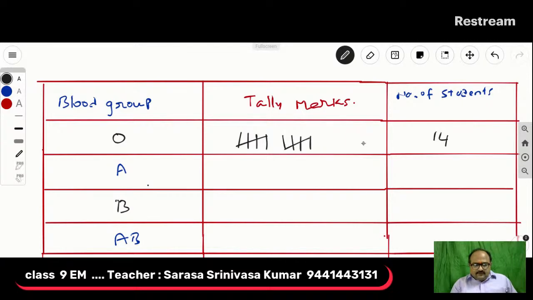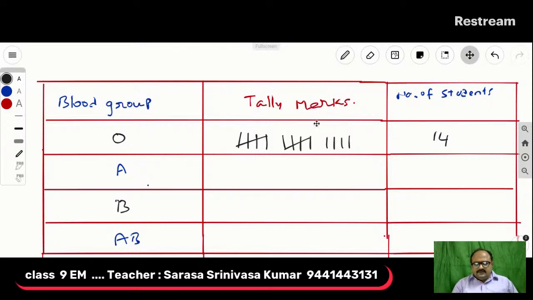Next we write 4 tally marks: 1, 2, 3, 4. So the total number of students in blood group O is 14.